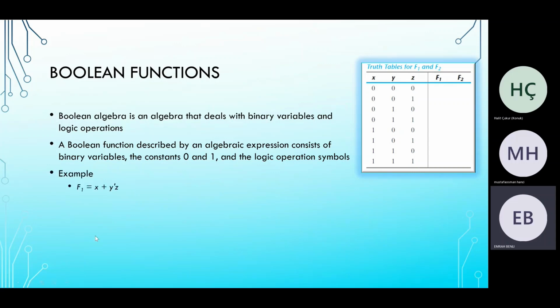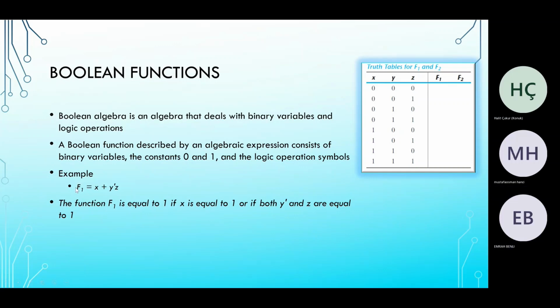For example, this f1 function. This function has x or (y prime and z). That's what we have. So this function will be 1 in which case?